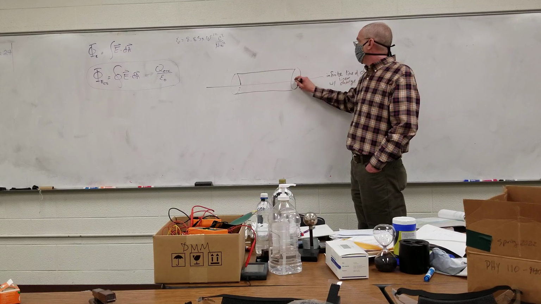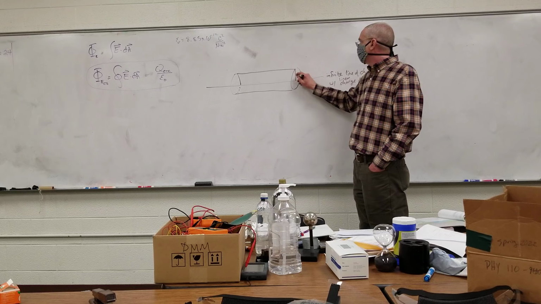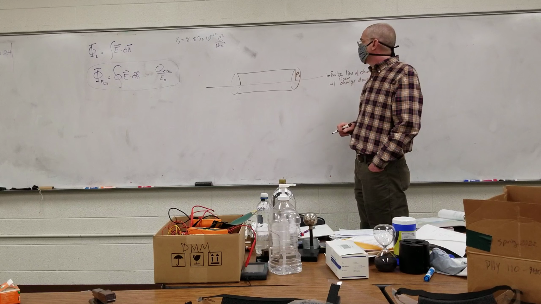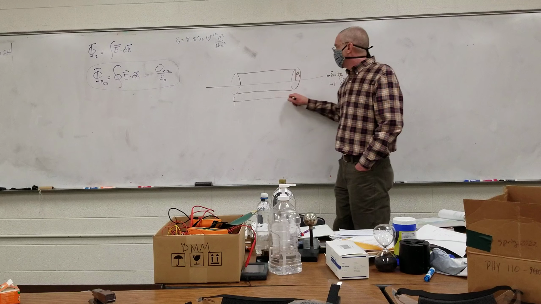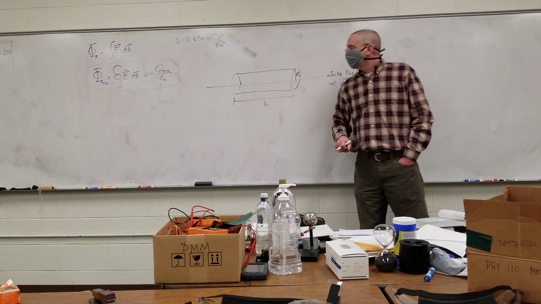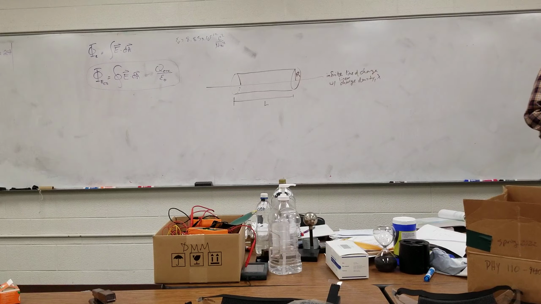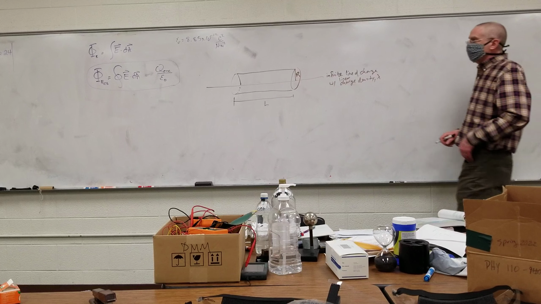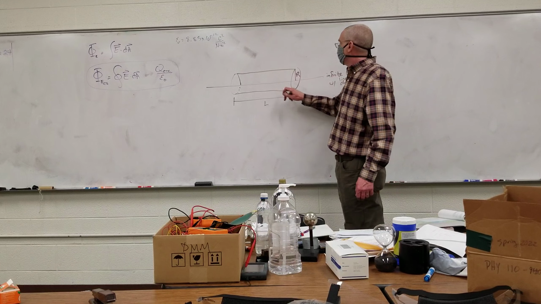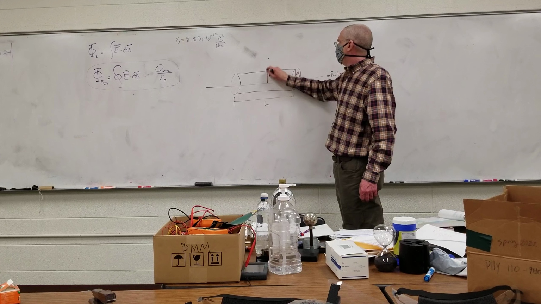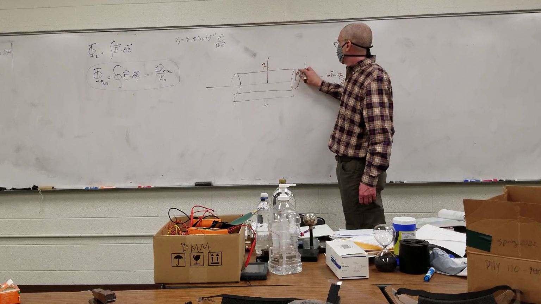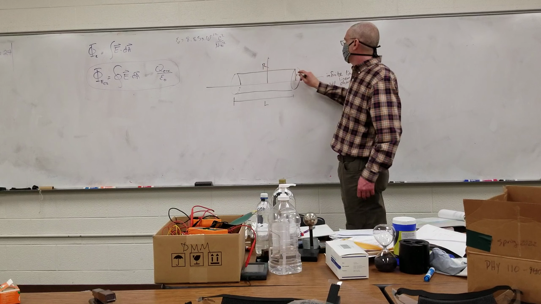I have some cylinder of radius r, the length is L. And we're going to use Gauss's law to derive the formula for the electric field at some point. I think before, I made that capital R, so this one will make lowercase r.